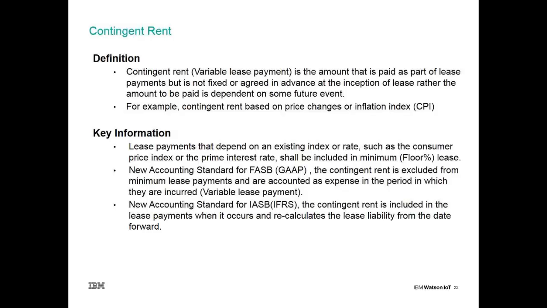For IFRS, the contingent rent is included in the lease payment when it occurs and the lease liability is recalculated from that date forward. But for this demo, we are only going to present the minimum floor percent. We're not going to have anything to do with the variable lease payment in this release.